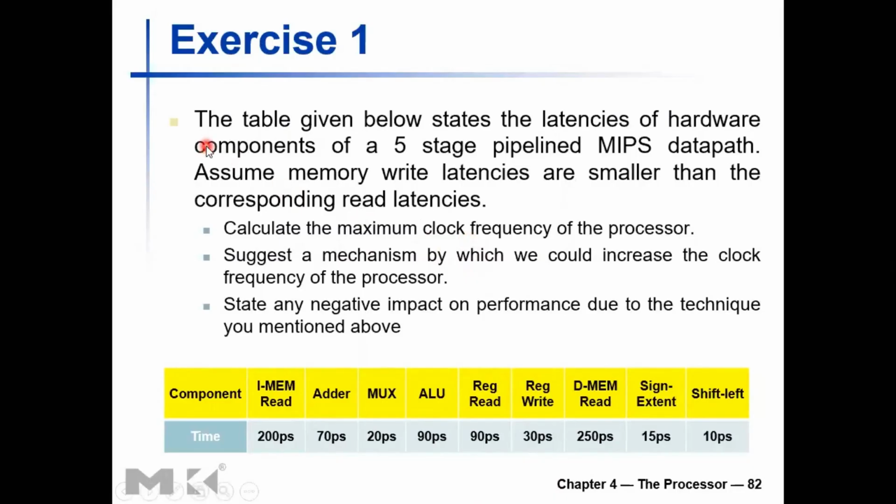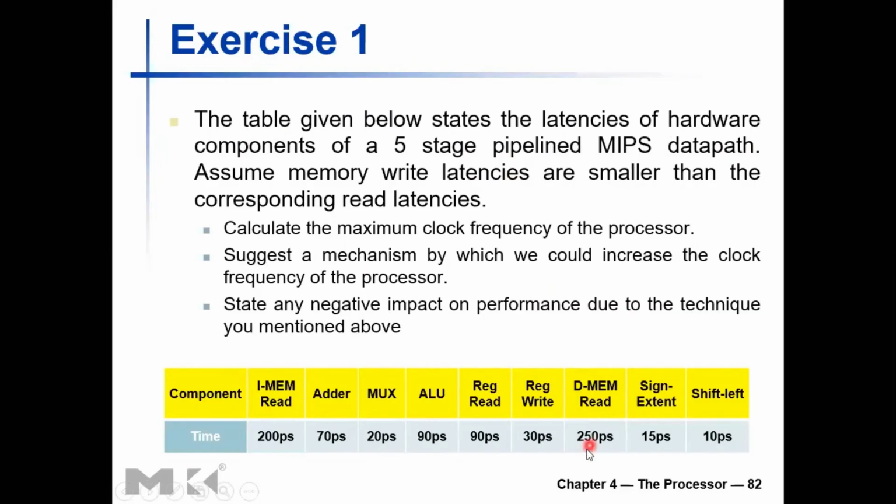So in this first exercise, it says the table given below states the latencies of hardware components of a 5-stage pipeline MIPS data path, right? So something similar to what we have discussed. Assume memory write latencies are smaller than corresponding reading latencies. So instruction memory, you don't write to, you only read, so that doesn't apply.